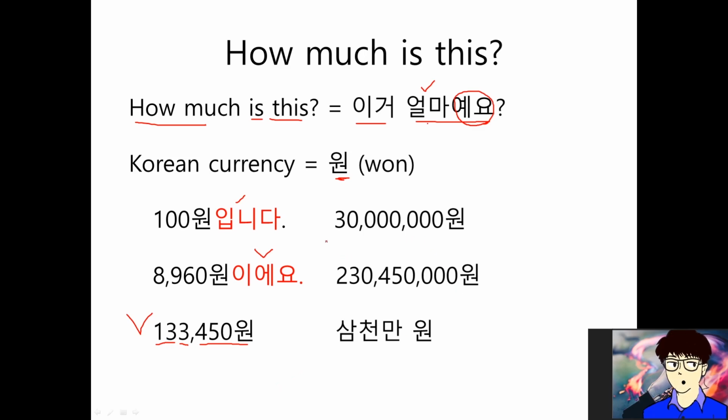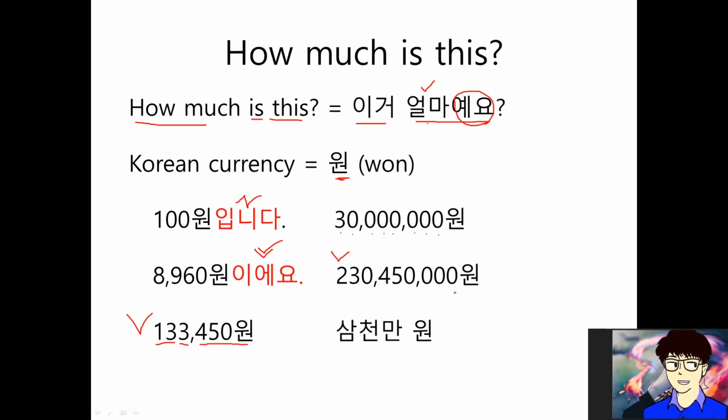Good. Can you read this long number? Let's try that. 1, 10, 100, 1000, 만, 10만, 100만, and 1000만. Oh, then you have to say 3,000만 원입니다. Or 이에요. Great. And let's challenge this. Can you read this?